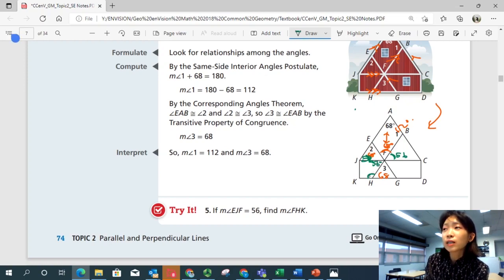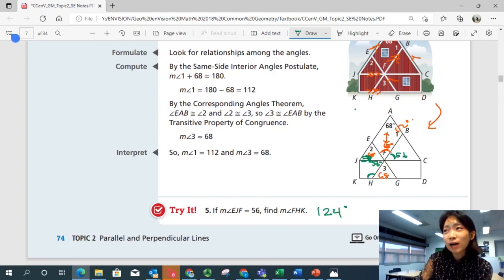And 56 and the angle that we're trying to get, FHK, are same side interior angles. What is the relationship of the same side interior angles? They're supplementary. So 56 should be subtracted from 180 to get 124 for the measure of angle FHK. So the answer is 124. Got that correct? Good job.